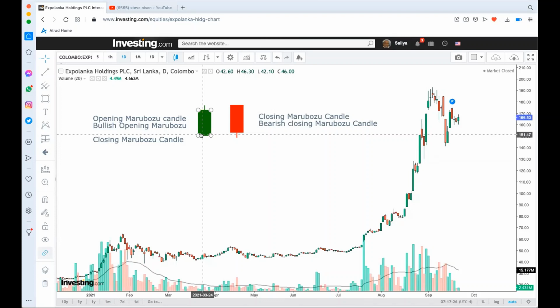Especially if it is a bullish Marubosu candle, then obviously the breakout is from the resistance. The prices will break the resistance and close. Remember, when the resistance is broken and closed, that is a bullish formation, and we can have a bullish expectation.